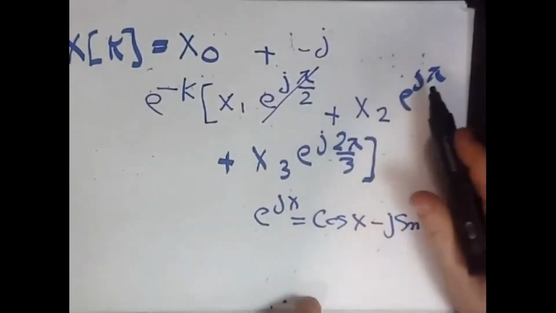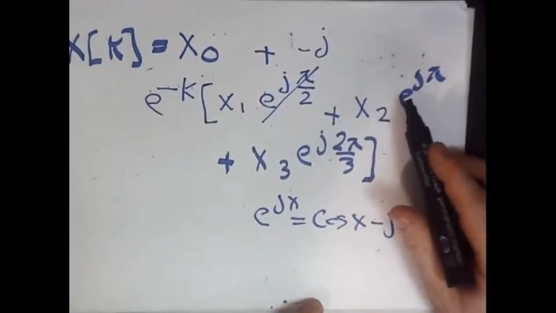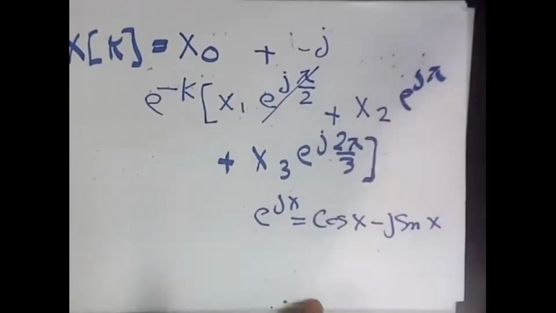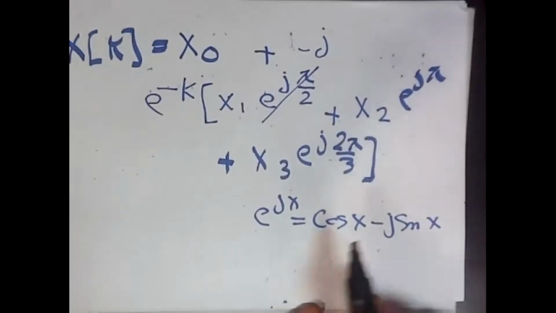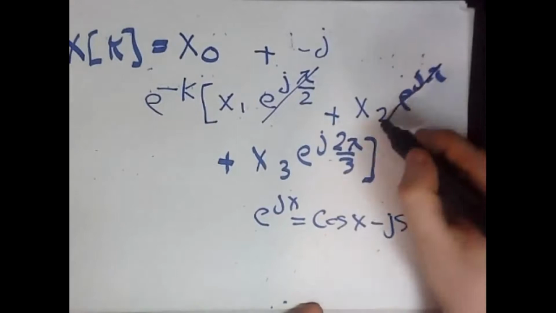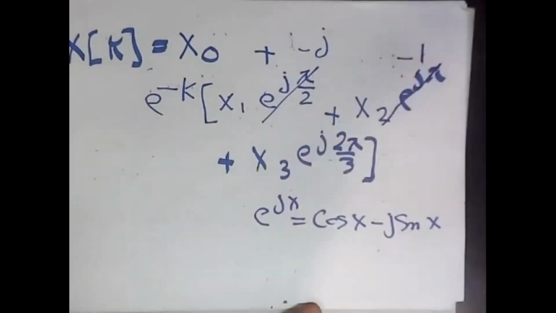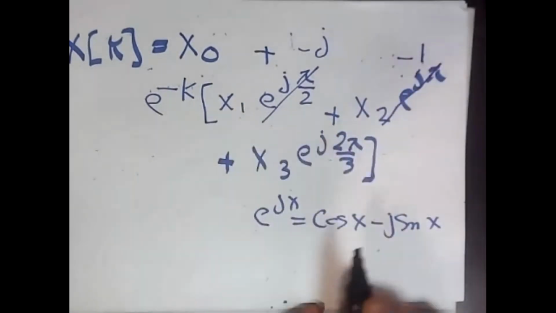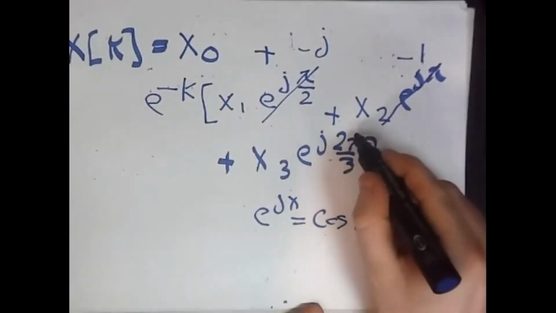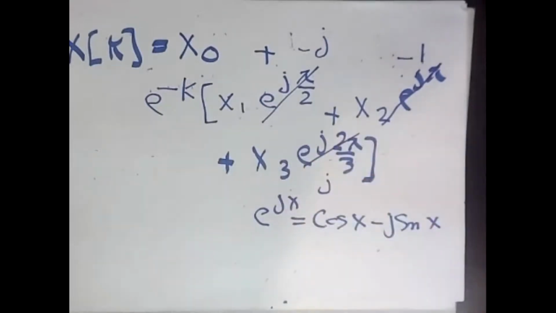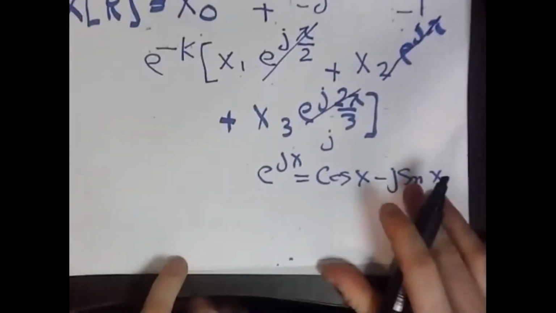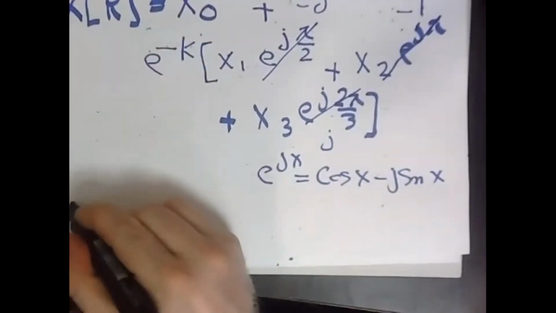Then let's go here. E power j pi is simply cosine pi, which is -1, and sine pi is 0. So this is -1. And similarly, here you will find that this is j. So you can rewrite the equation in this format.